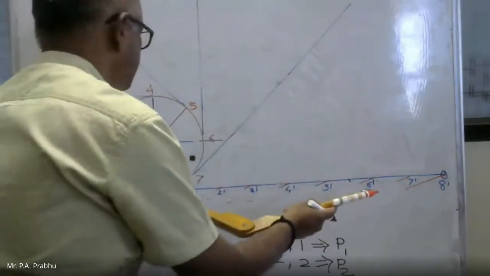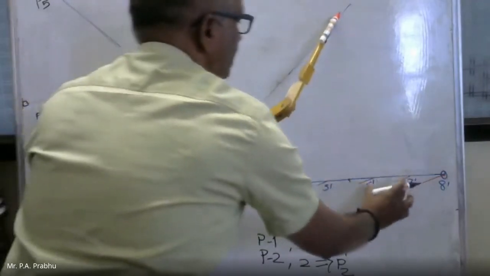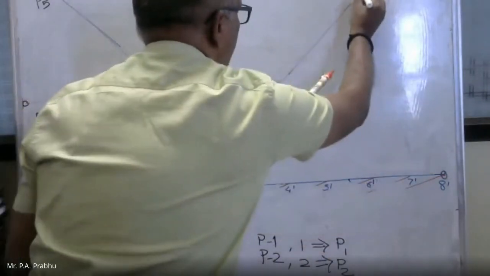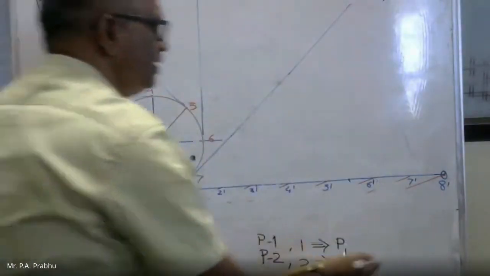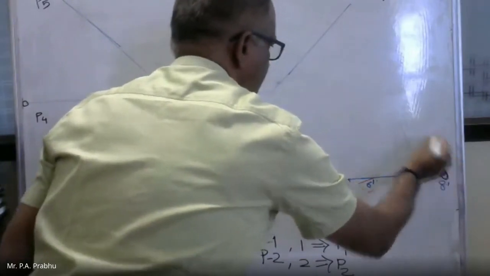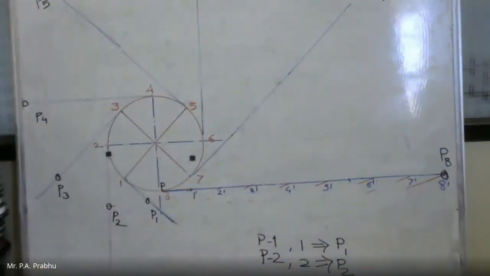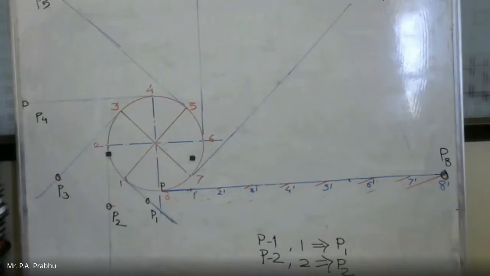P6. Then P7. Okay. And this P7. And last point will be P8. So one point is gone outside your board.